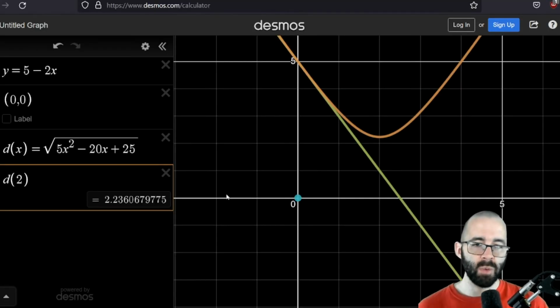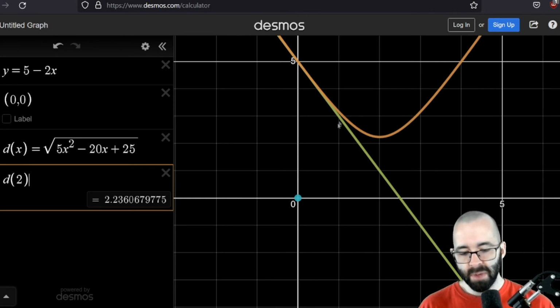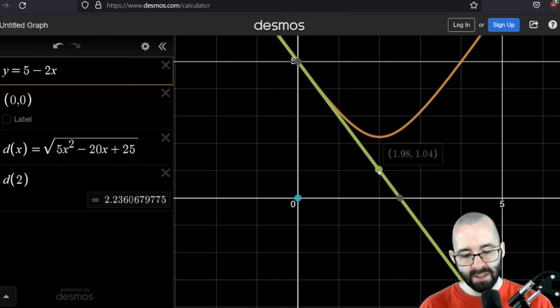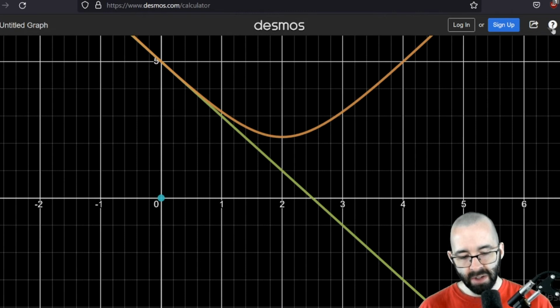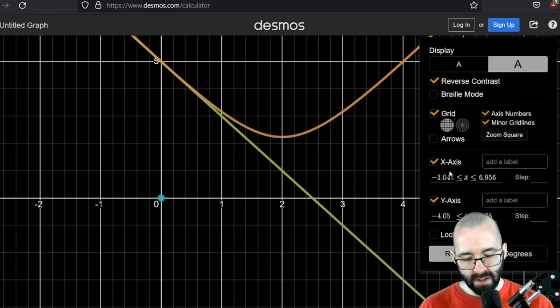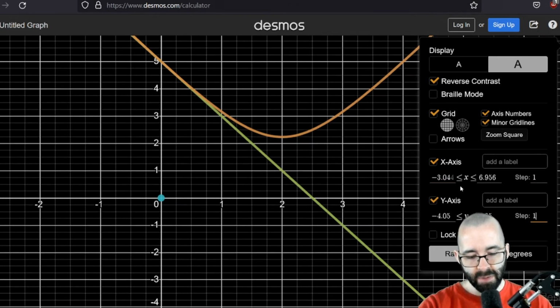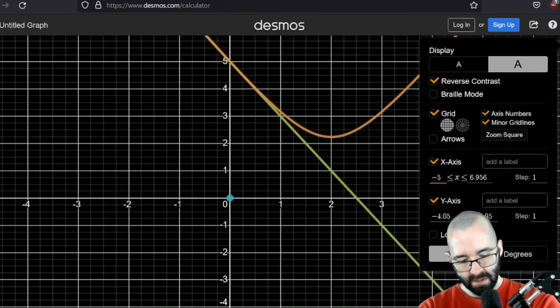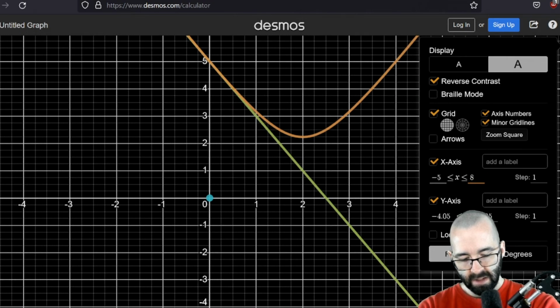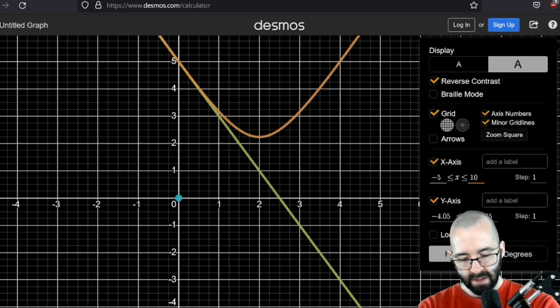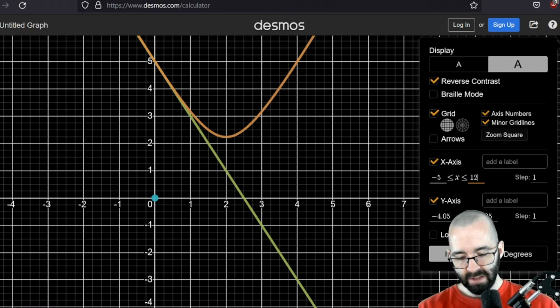And the shortest distance between a point and a line is done perpendicular to the line. So that's why I was surprised that this was the answer, because this didn't look perpendicular. But notice our scale is not, we don't have actual square boxes here. So if the step is 1, these should be squares.